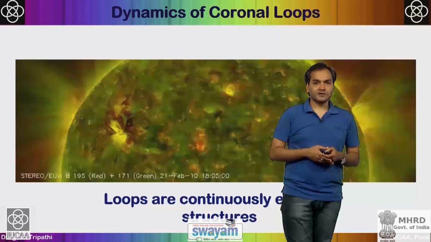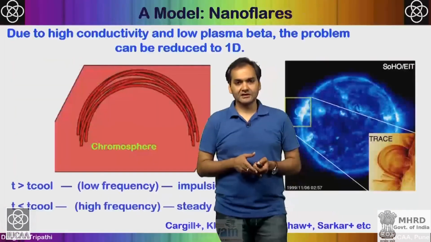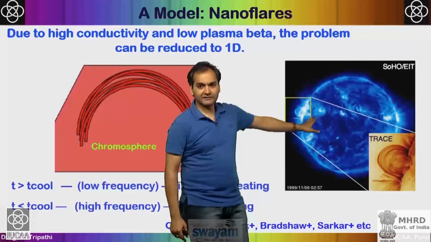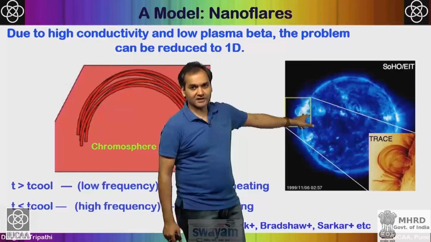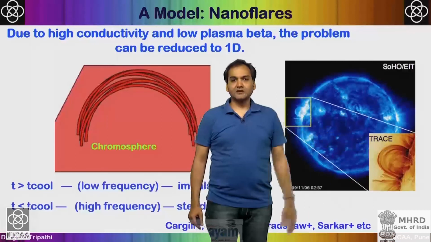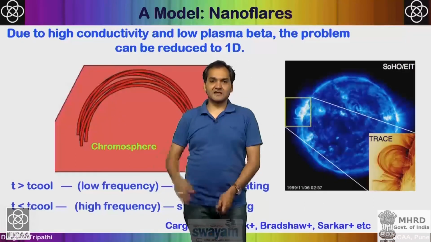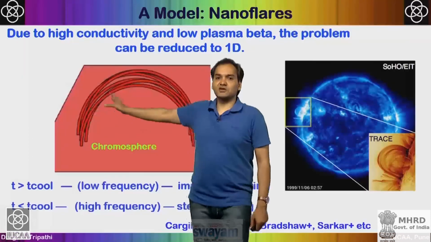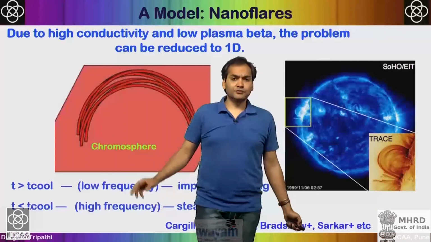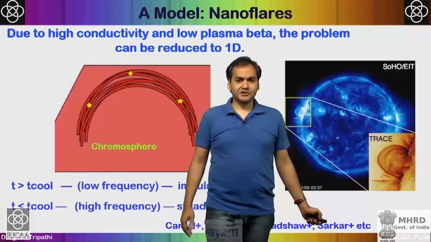Therefore, one has to think about modeling it in a dynamic way. If you consider these loop-like structures, you see them in better resolution, many strands appear. So, you can consider a bundle of strands, which mimics one particular loop at your current resolution, and you put in heat inputs with different frequencies and different time durations.